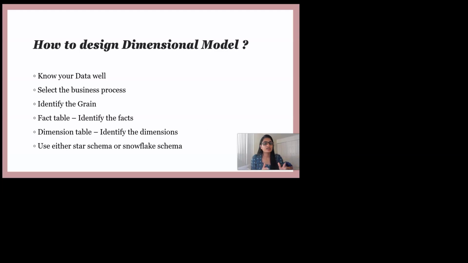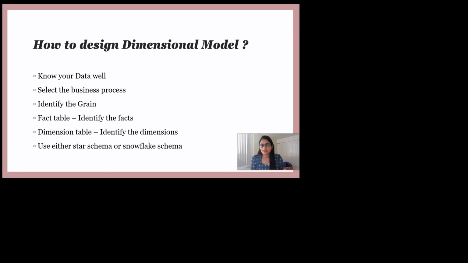Business process is nothing but how, for example, if you work for an e-commerce website, a customer logs in, searches for data in a search bar, adds to the cart, selects some payment type, and then places the order. This is an example of a business process. This is how a business process looks.